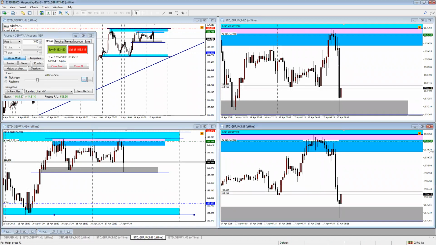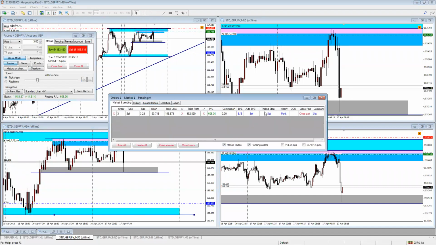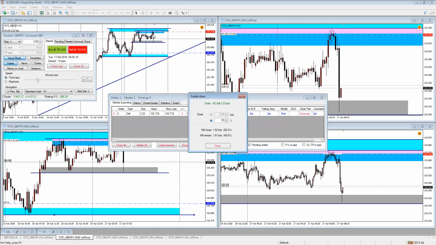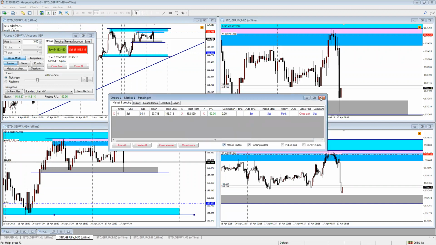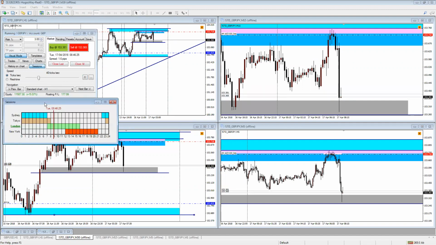Okay, let's close. Normally I just close it when we have enough pips, 40 pips. So let's close this, break even, and then close. Let's do 75. Okay, now we are done.